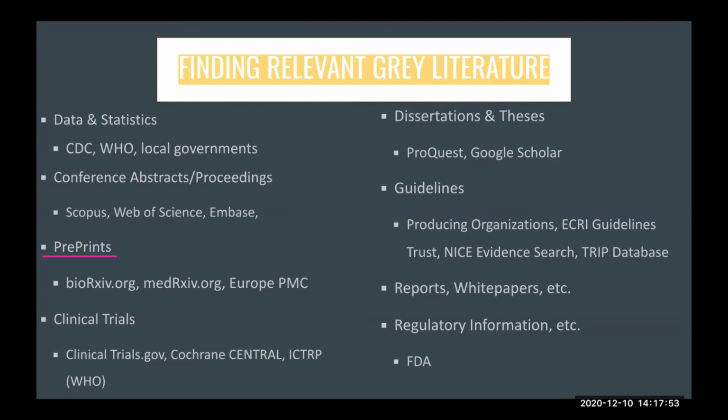Preprints, which I mentioned earlier, are another, I would say, super emerging, important type of gray literature, where authors of scholarly journal articles submit their manuscripts to preprint servers as they're moving through the publication process, so that their data, findings and manuscript are available in this preprint version before they're published by the journal.